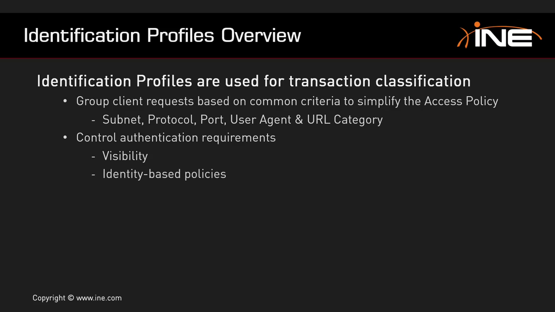Plus, the authentication credentials can also be used as part of your conditions inside of access policies. So this way I can not only build my policies based on IP addresses, based on protocols, port, and so on, I can also build custom policies for individual users or at least groups of users.